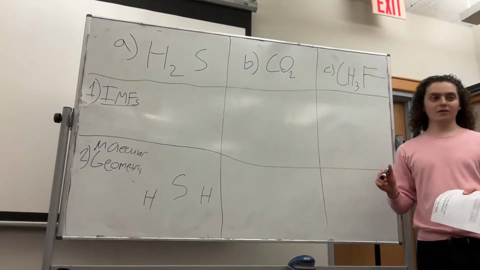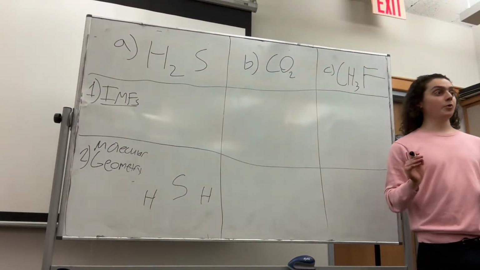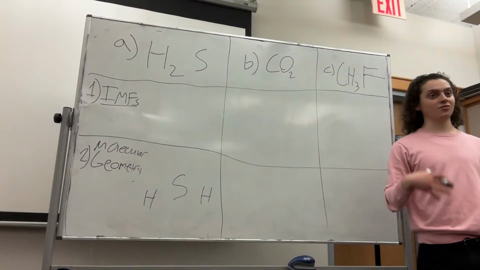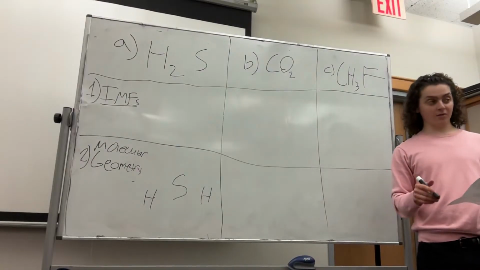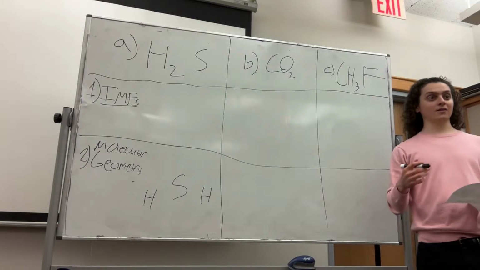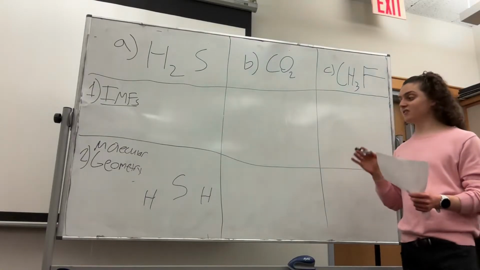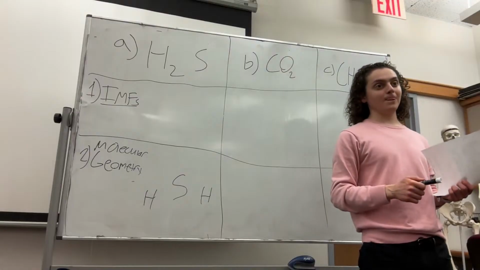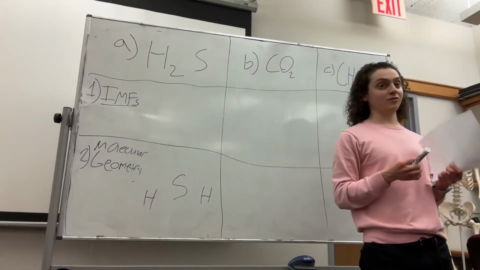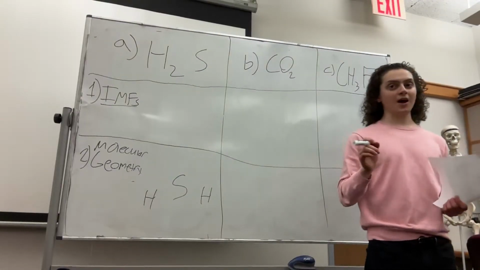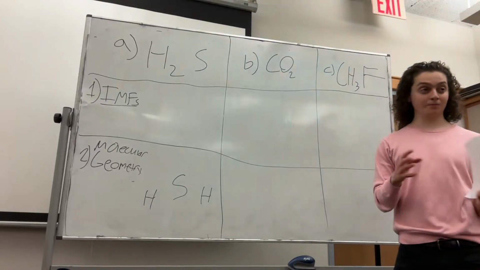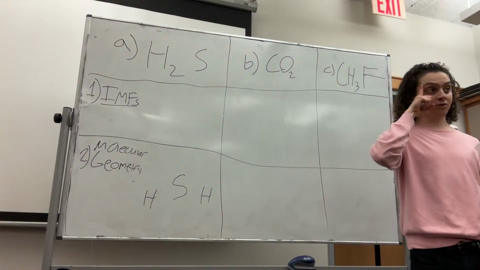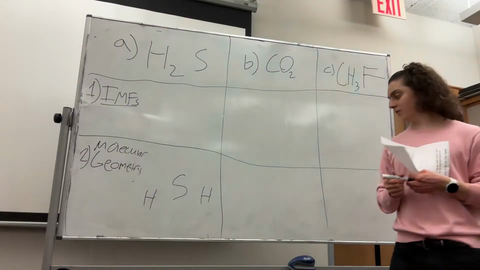These are going to be polar bonds because there's a really big difference in electronegativity between hydrogen and sulfur. Physically on the table, they're far apart, so you know that is an indication. Quantitatively, we can calculate the difference in electronegativities and figure out if that difference is great enough to be called polar. If you have electronegativity numbers in front of you, you need to memorize the range for polar covalent bonds.